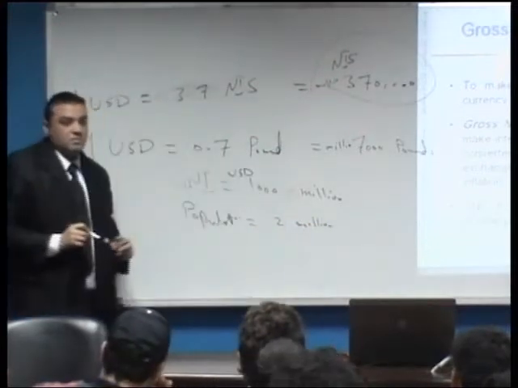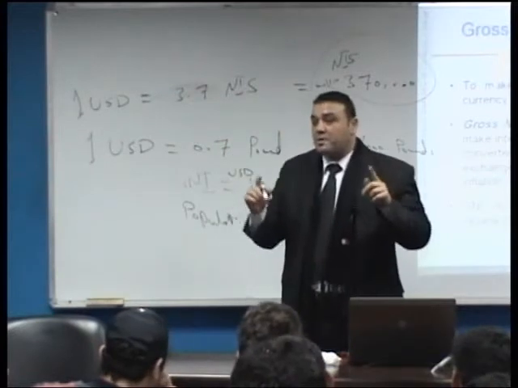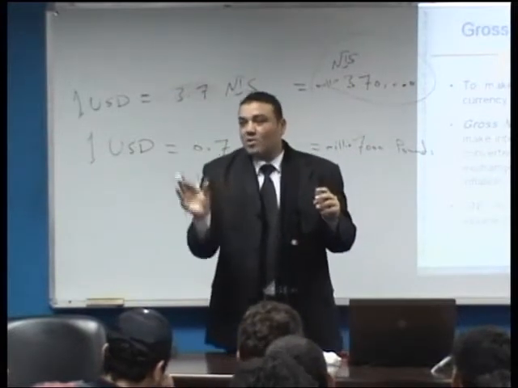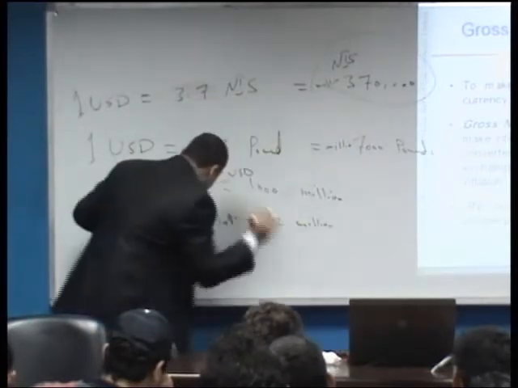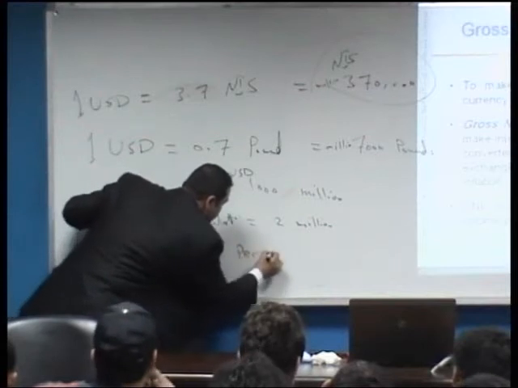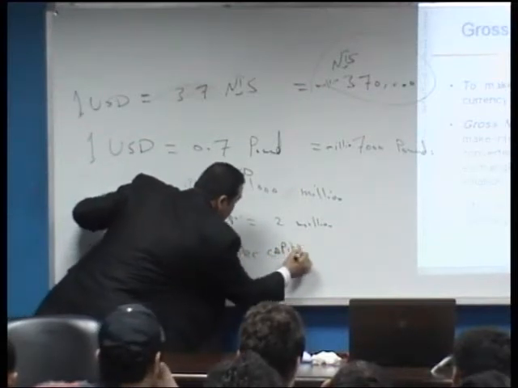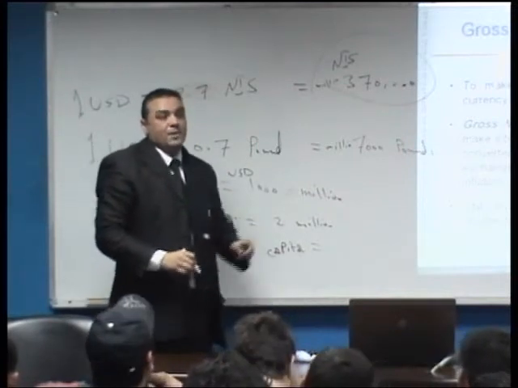In this case, the per capita, or the GNI per capita, means the average share per person of GNI. So GNI per capita equals what? The gross national income over the population.